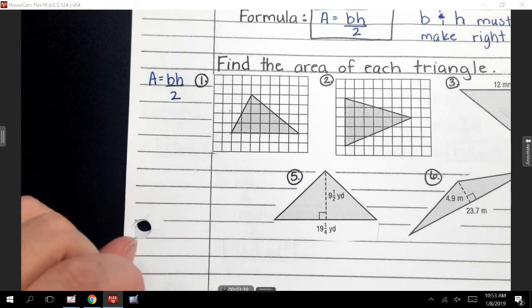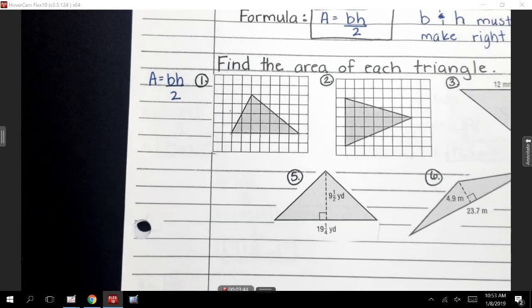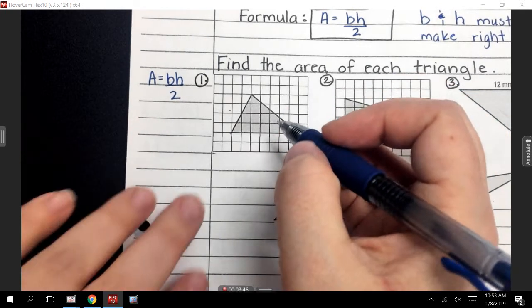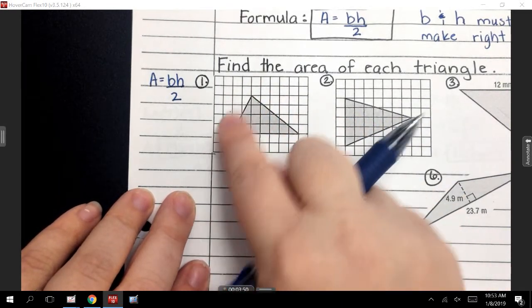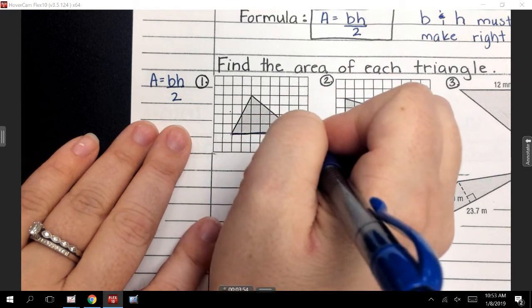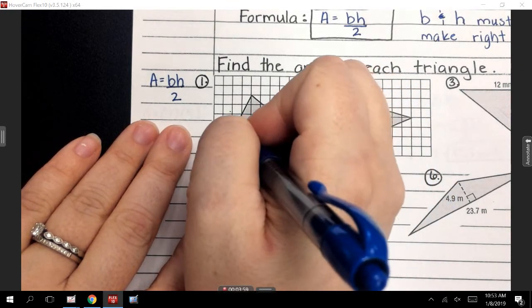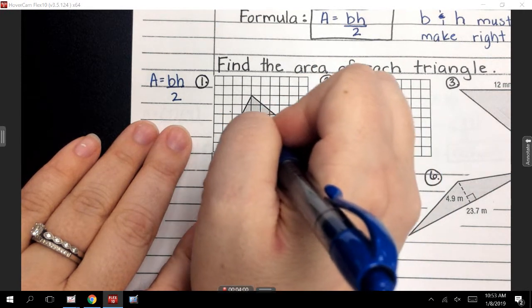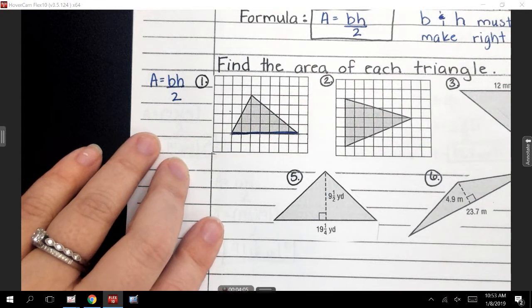All right, so now, and this is where some of us had a little bit of trouble last night, counting and making sure we're doing this graph right. I'm going to find my base. Can I use either of these slanted lines as a base? No, it has to go straight across, so I have to use this bottom line. All right, so we look at that base.